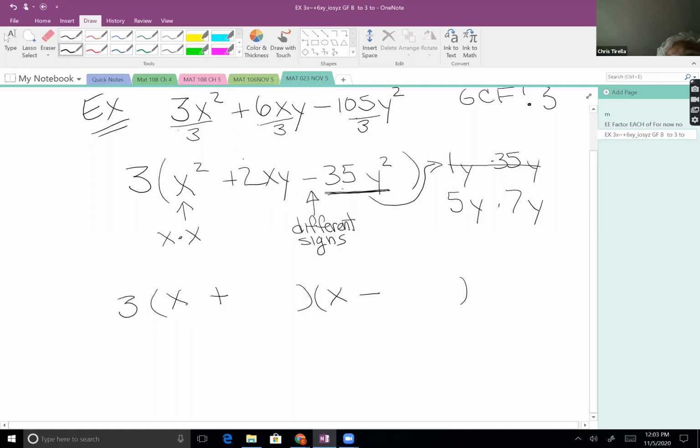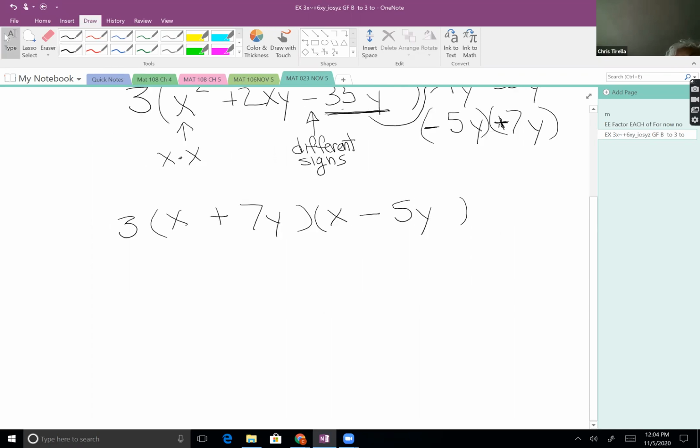Well, I think if I had negative 5 and a positive 7, negative plus positive, and the signs are different, we take a difference, use the sign of the greater, that's going to give me that positive 2 in the middle. So I'm going to put the 5y behind the minus and the 7y behind the plus. And now I'm going to do my check by FOILing.